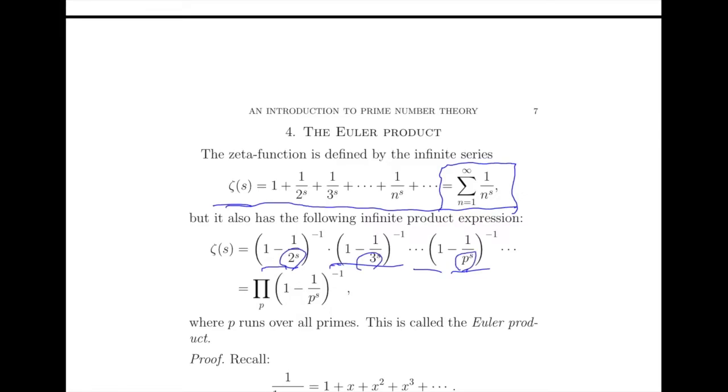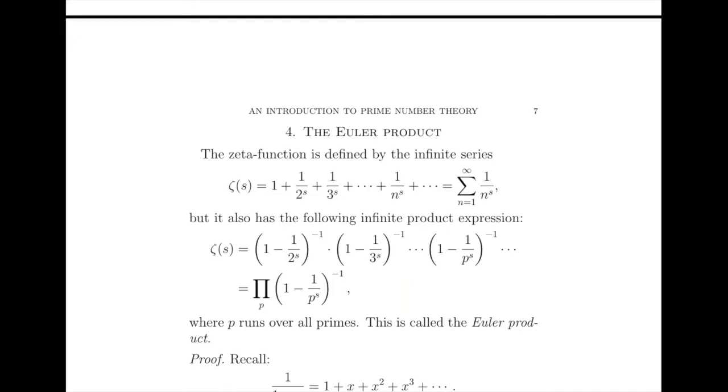That is, the product of the quantity (1 minus 1 over p to the s) to the minus 1, over all primes. This is called the Euler product.